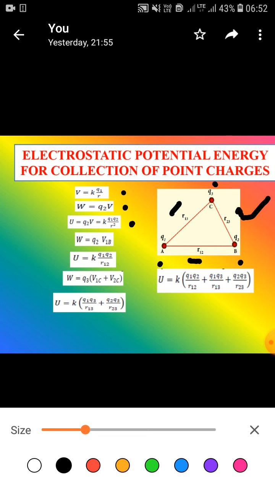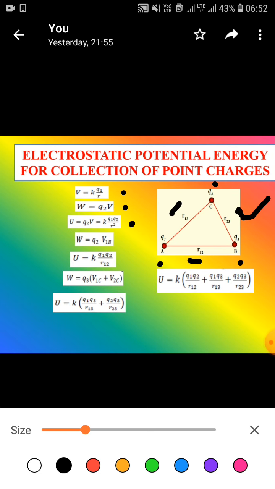So for the calculation of total electrostatic potential energy, bring all charges one by one and arrange them according to the configuration shown in the figure.